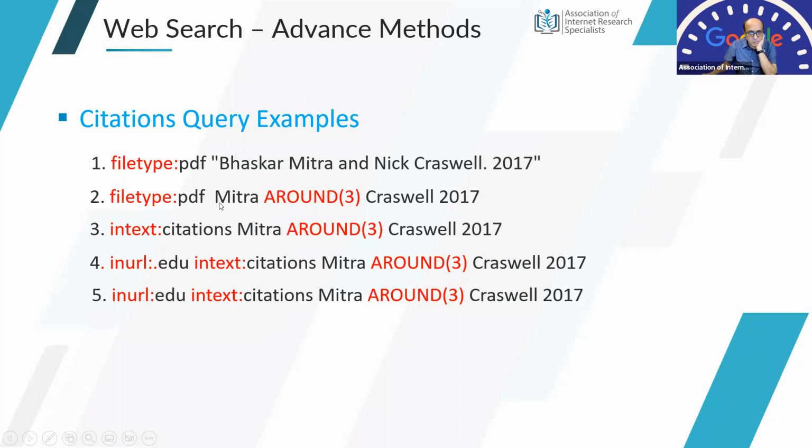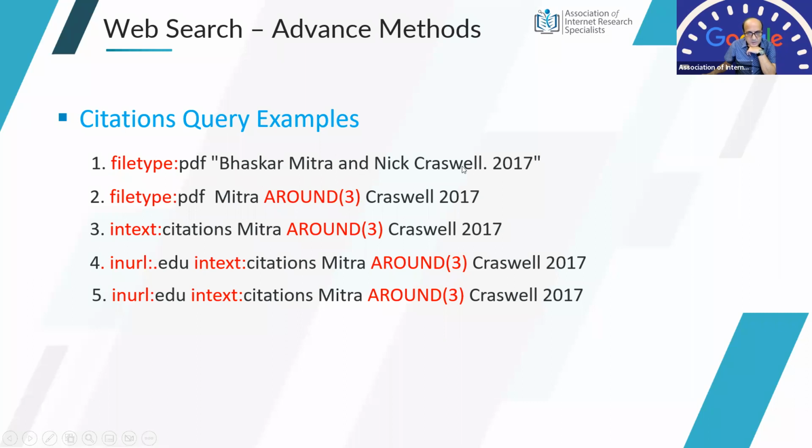So what I would do is, first of all, do file type PDF, because that's where I needed to find or look for this information. I would do Mitra, and then do around 3 Craswell 2017.